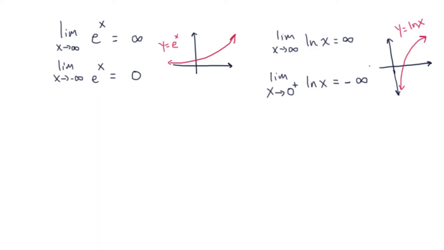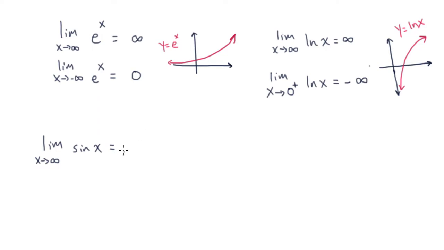Now the trig functions have a problem. So let's think about the limit as x goes to infinity of sine of x. Now the problem is sine as x goes to infinity is just oscillating between 1 and -1. It's never leveling off to just one number.